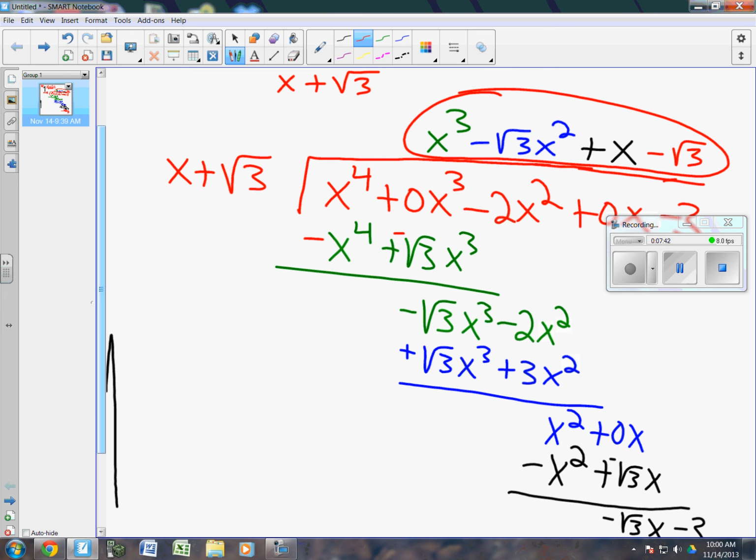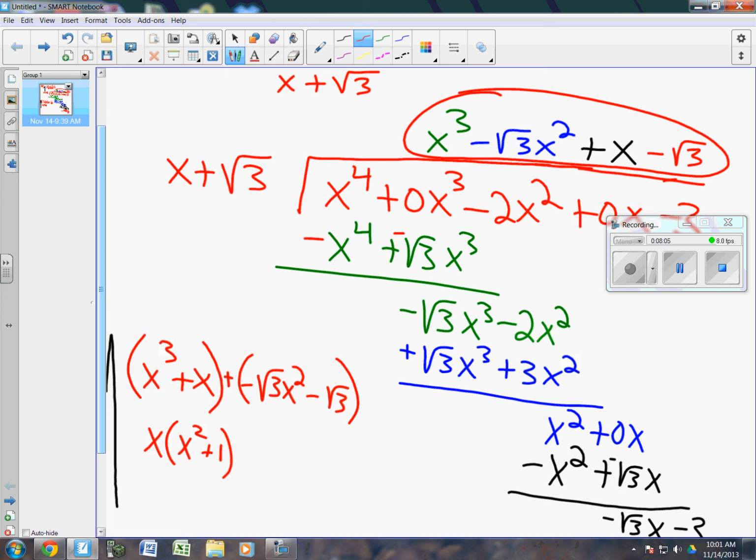We could do it. All I have to do is group the x cubed with the x, and then the negative root 3x squared with the negative root 3. If I grouped them together like this, I could factor out an x here to get x squared plus 1. Wait, this might not be how they grouped it.